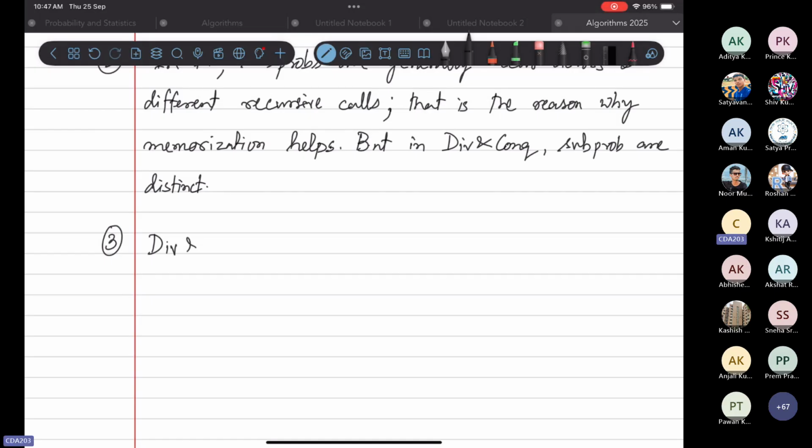So divide and conquer generally helps in improving the running time.